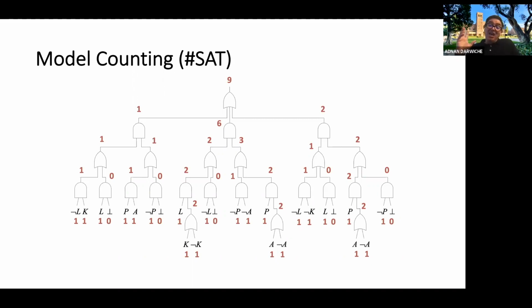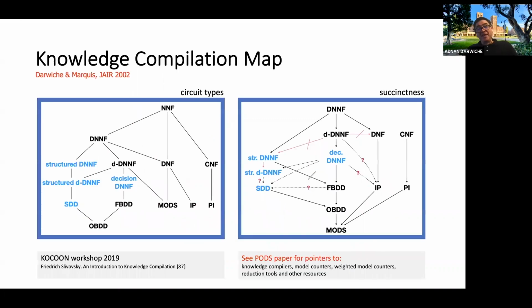So if you do compile your input-output behavior into one of these tractable circuits, in a sense, you're in heaven, right? Depending on what you want to do in terms of analysis, you would seek a particular circuit, because as we mentioned, there is a spectrum of these circuits, and each one of them allows certain things to be done in polynomial time.